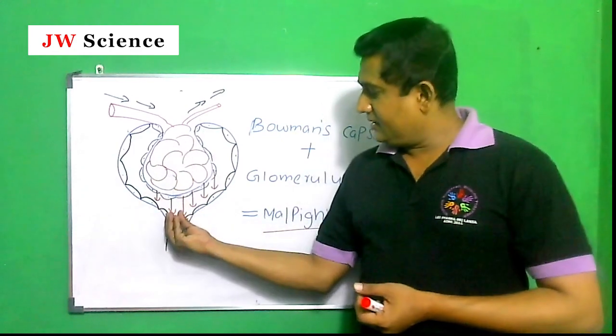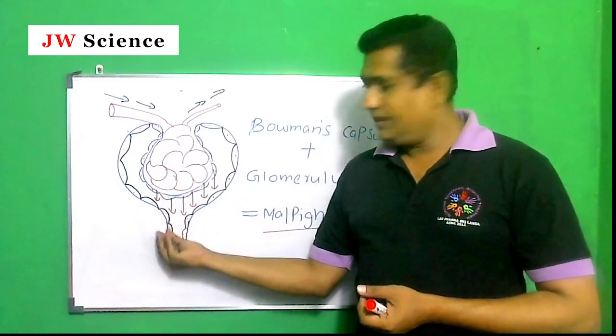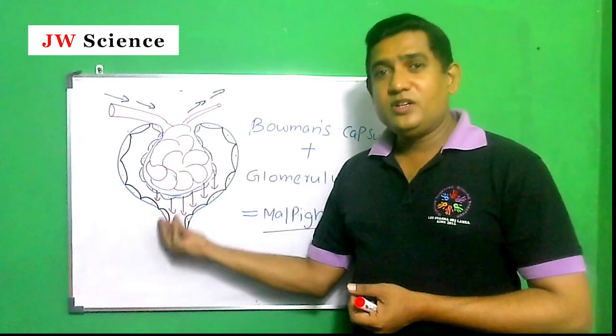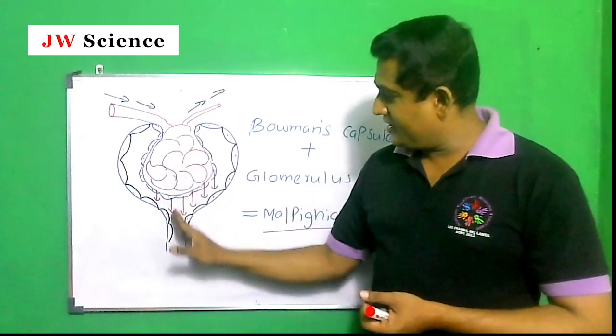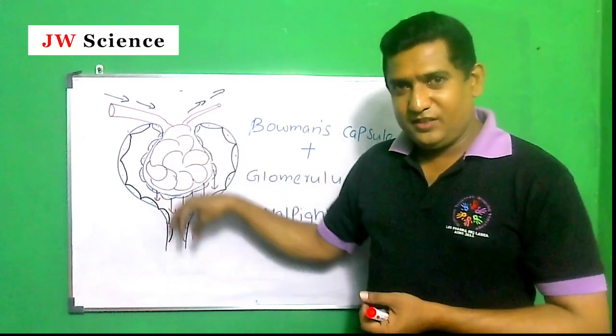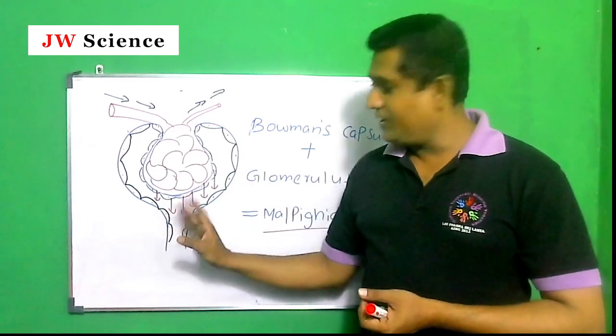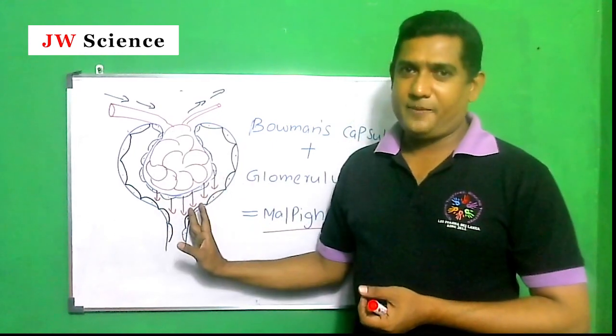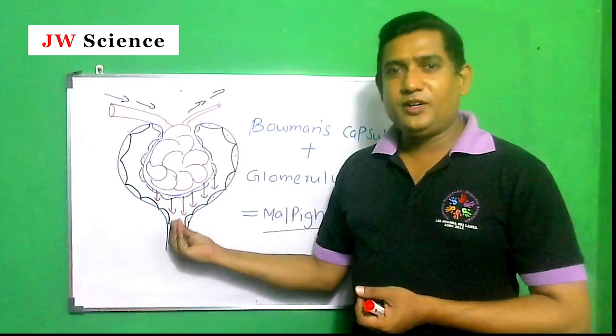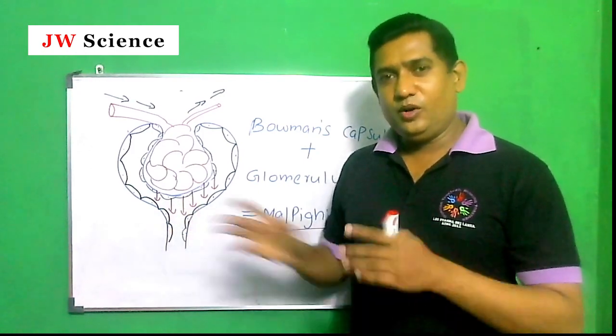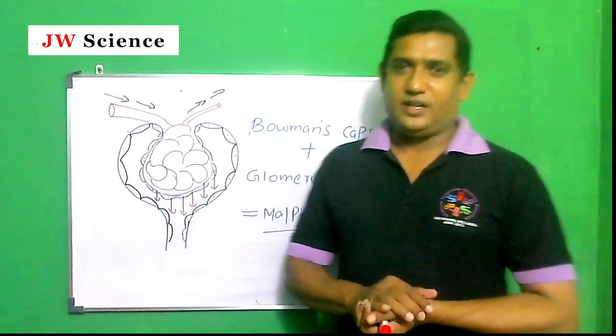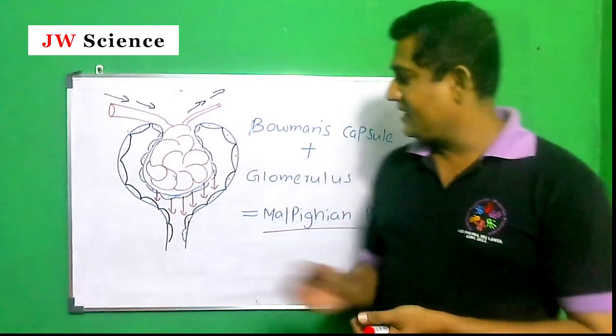Basically, the constituents in this glomerular filtrate. Now, after the plasma is filtered into the Bowman's capsule, we call it glomerular filtrate. If you take the constituents of glomerular filtrate, they are almost equal to the constituents of blood plasma.